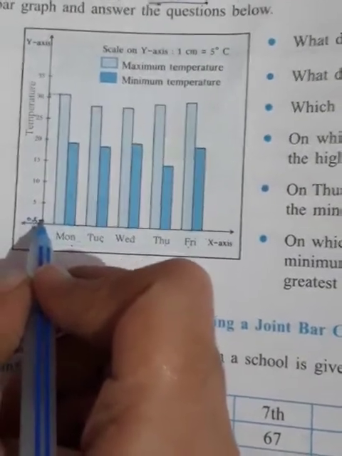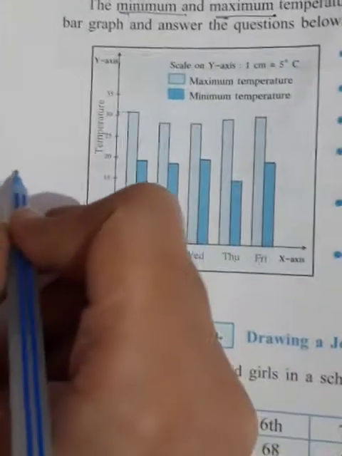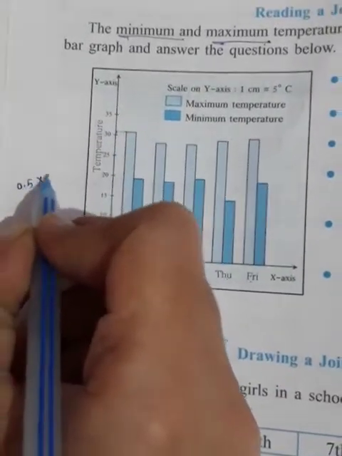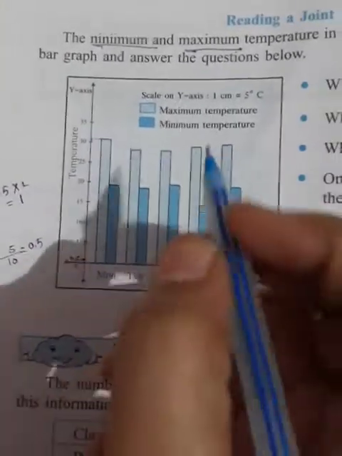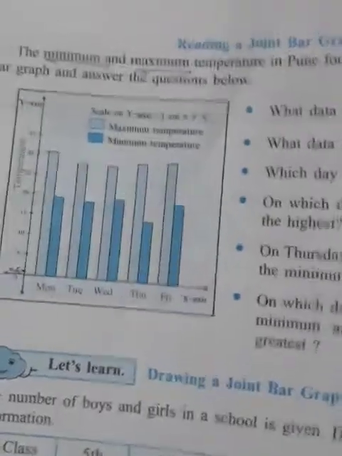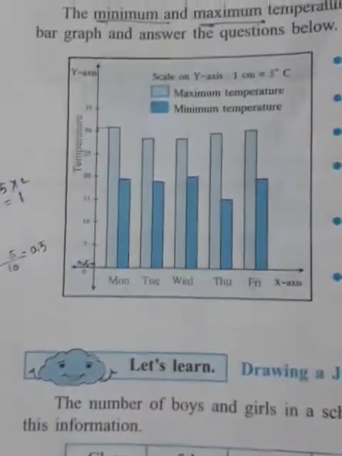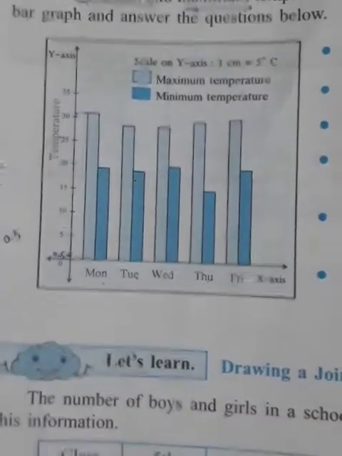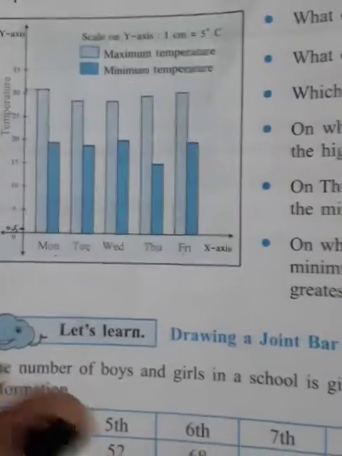So two lines means what? One line is 0.5, then two lines is what? 0.5 into 2 means 1. Okay, 1 for 2 lines, and 0.5 for 1 line. So for 2 lines, how many? 0.5 into 2 means 1.